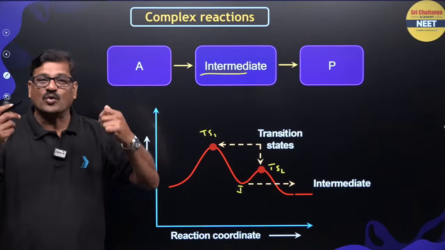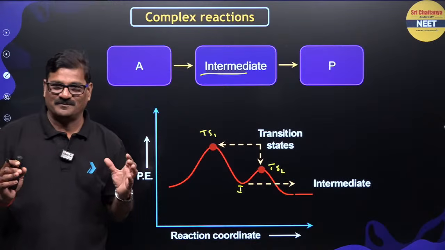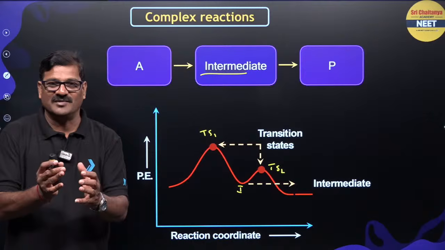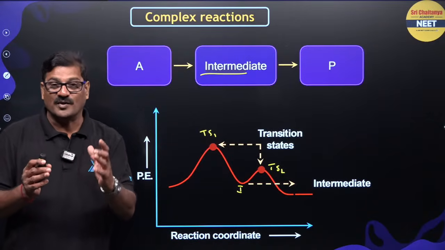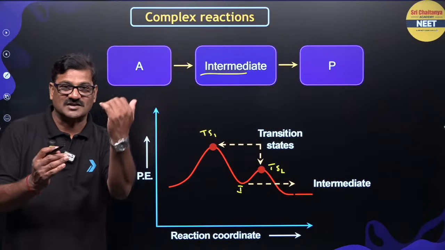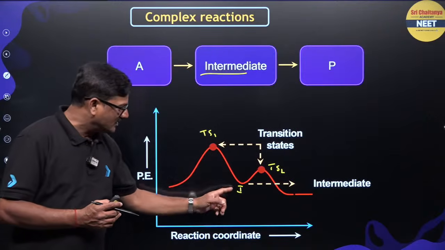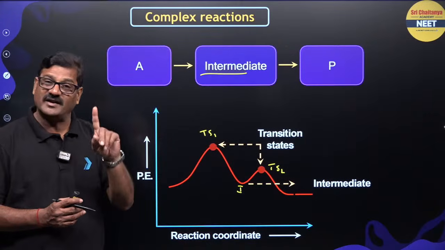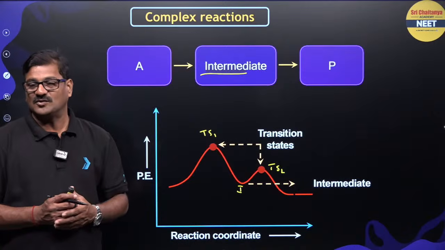The moment it is broken, all the factors, let us say for a carbocation, resonance, hyperconjugation, positive inductive effect, all will come and make it stable, so its energy tries to decrease a little. Intermediate will have less energy as compared to transition state. For every intermediate there will be 2 transition states.